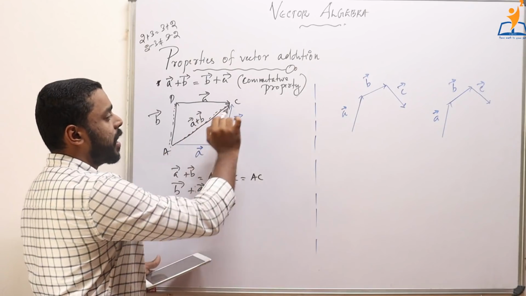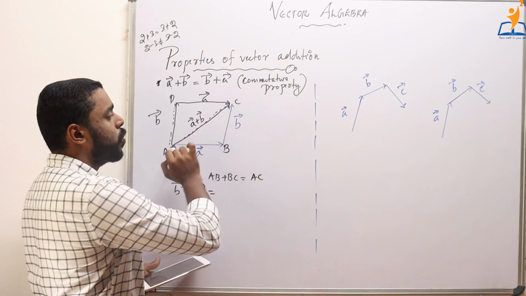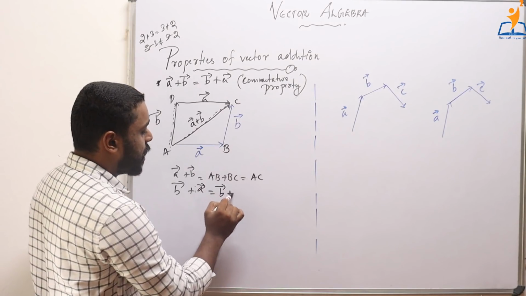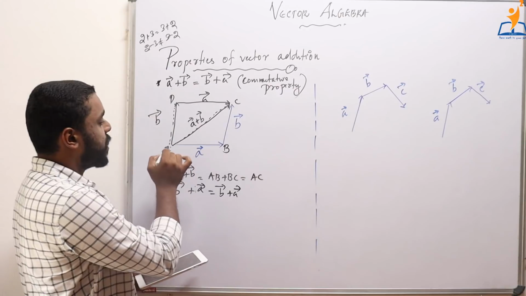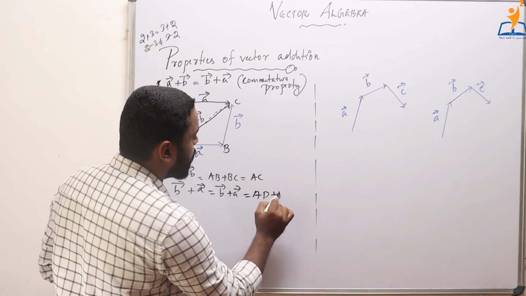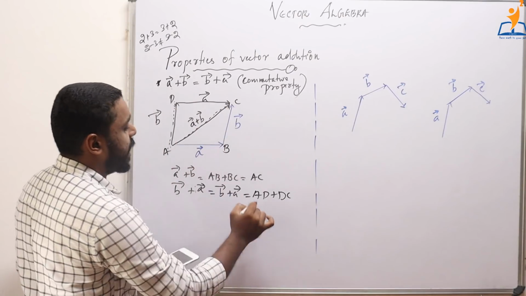So the resultant vector B plus A is obtained by AD plus DC, which is nothing but AC.